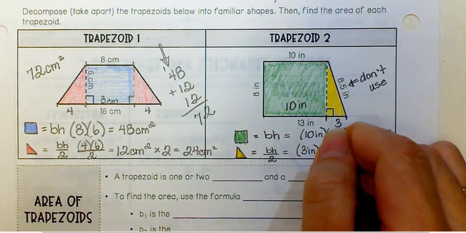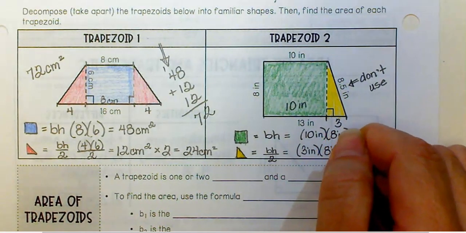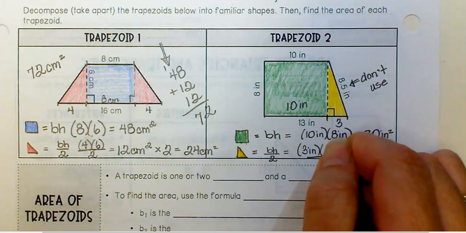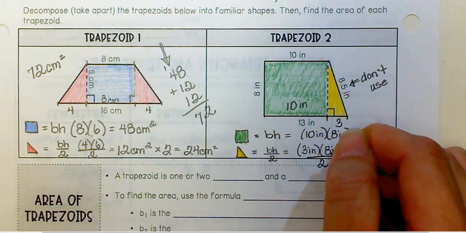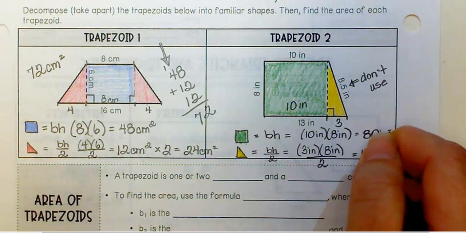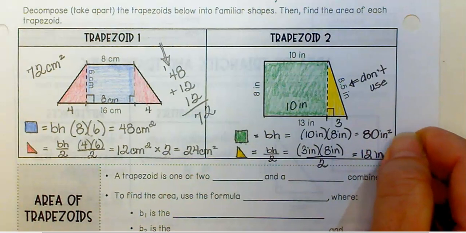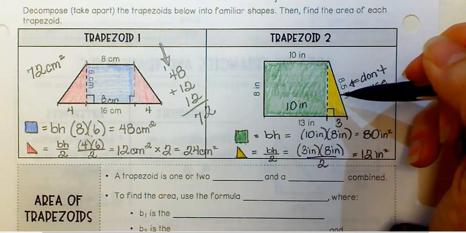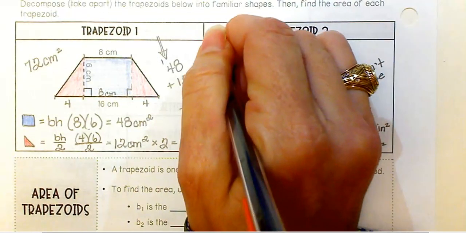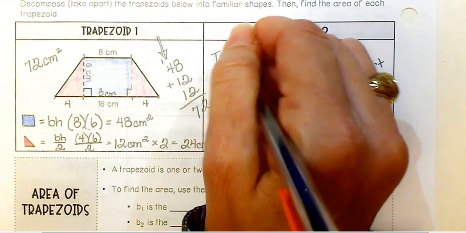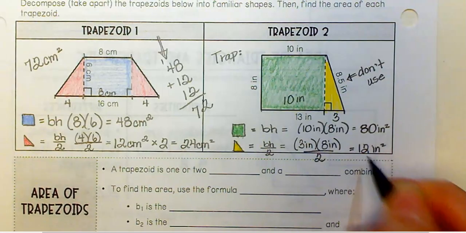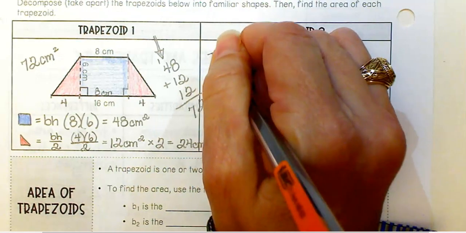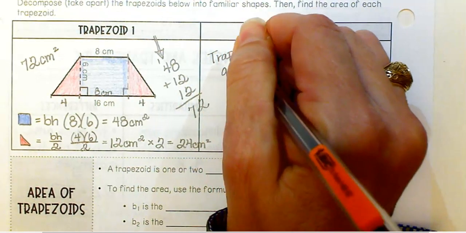Okay, so 3 inches times 8 inches divided by 2. 3 times 8 is 24. 24 divided by 2 is 12 square inches. Now, for the trapezoid, it's going to be both of those added together. So the area of this trapezoid is 80 plus 12, and the area is 92 square inches.